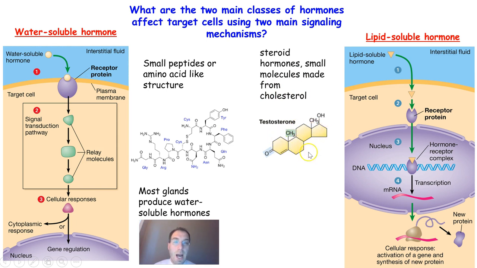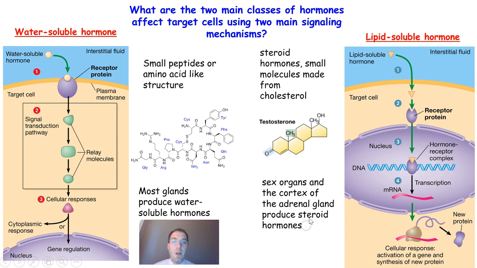These are hydrophobic molecules so they can cross the membrane directly, interact with a receptor protein within the target cell, and together as a complex, they act as a transcription factor initiating a response. Most sex organs and the adrenal gland will produce steroid hormones. So testosterone, for instance, is made in the testes, as well as estrogen in the different glands of the female reproductive system.